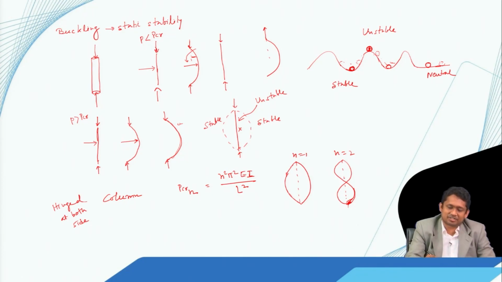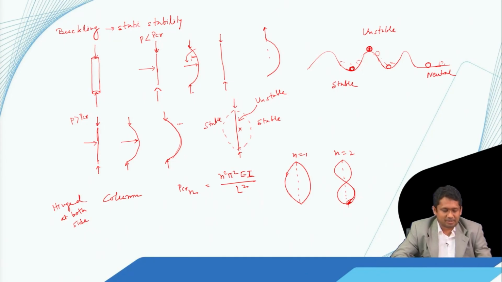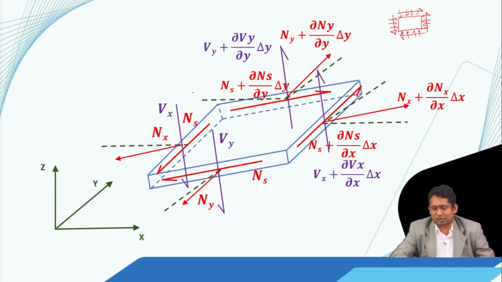If I see the initial straight configuration, I cannot see the moment due to the force. So to have that moment in action, we need some deformation in the column. Similarly in the plate, the same thing. That's why when we write the governing differential equation for buckling of the plate, we need to see the equilibrium of different forces in the deformed configuration, not in the original flat configuration.